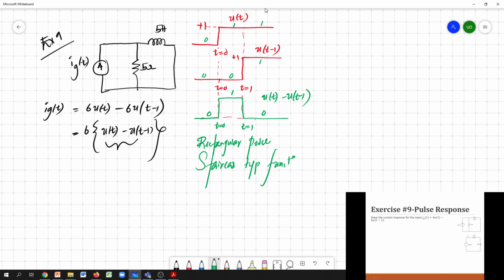So you can replace any kind of rectangular function or staircase type function using unit steps. So this is a rectangular pulse, and 6 times u(t) minus u(t minus 1) would be this kind of output.